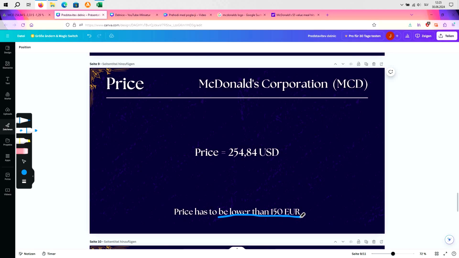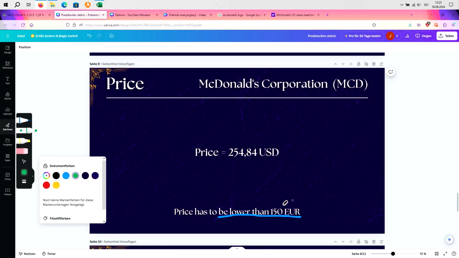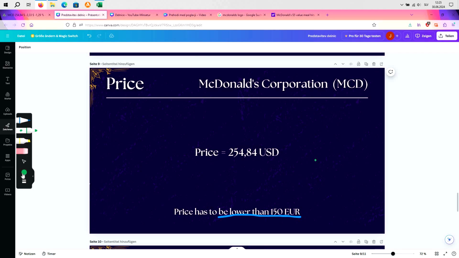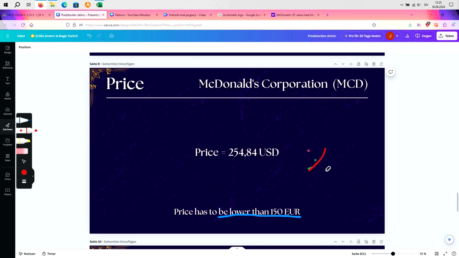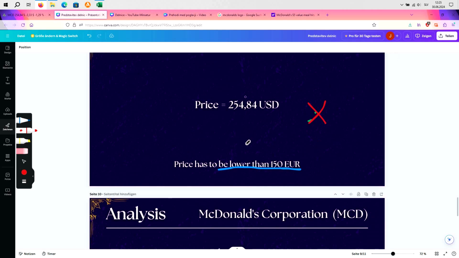And the current price of McDonald's is around $255, let's say, which is 100 euros or dollars higher than what we want to have. So this is not a good thing to see, okay? Because it's 100 euros higher than our upper border, you know what I mean?